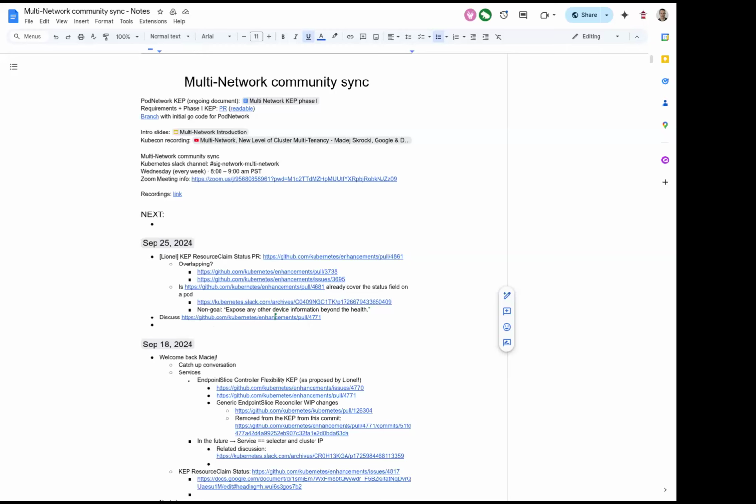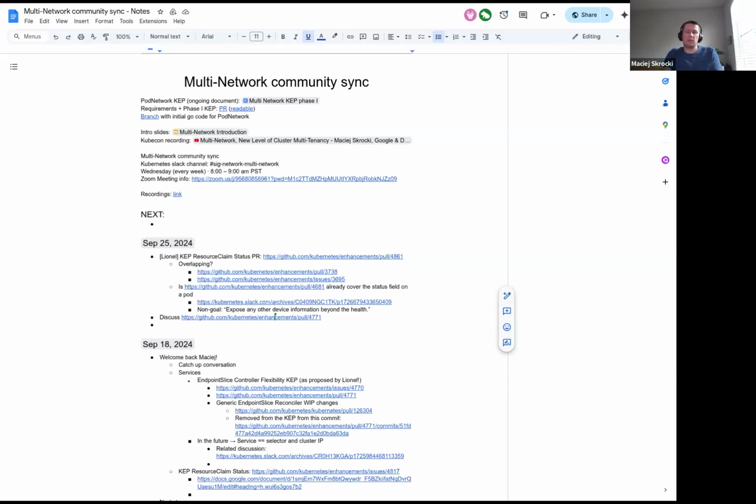So I will maybe call it well-known. This annotation, I think, or maybe a label, because the proxy service proxy. Yeah, it's a label.